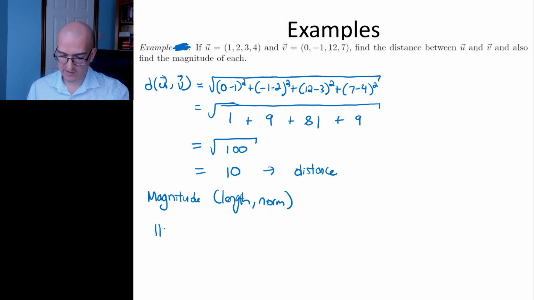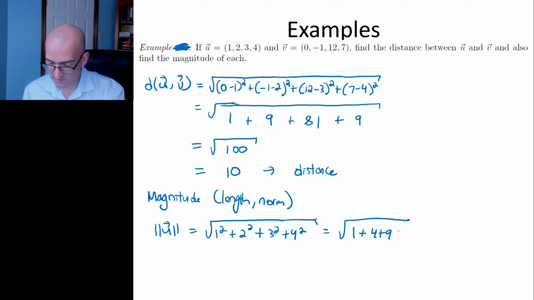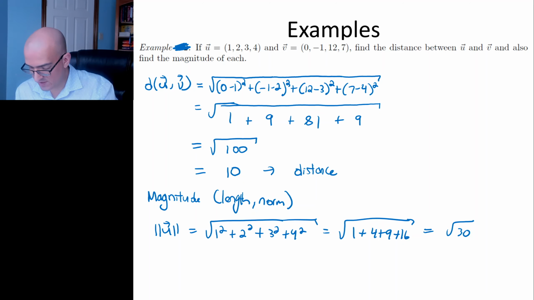So the length of the vector u, that'll be the square root of 1 squared plus 2 squared plus 3 squared plus 4 squared. So that's the square root of 1 plus 4 plus 9 plus 16, which is the square root of 30, I think. Let me double check that. 4 plus 16, 20. 1 plus 9, 10. 10 plus 20, 30. Okay.